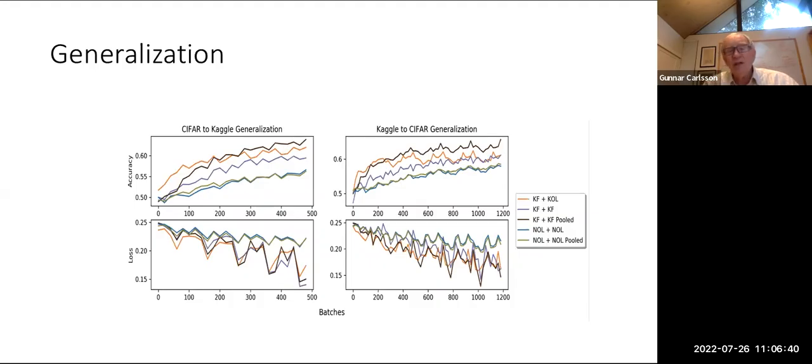So each image now gets represented as a function on the Klein bottle, or if it's video, it's a function on the tangent bundle to the Klein bottle. And it's the ability to produce those features and feed them in a very systematic way that allows for this improvement.